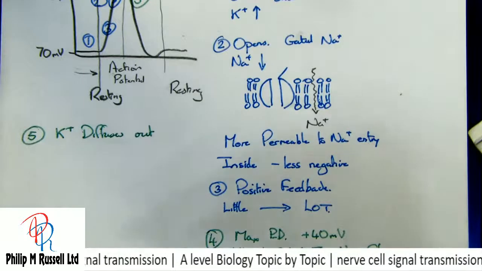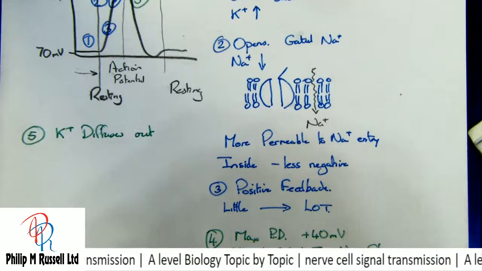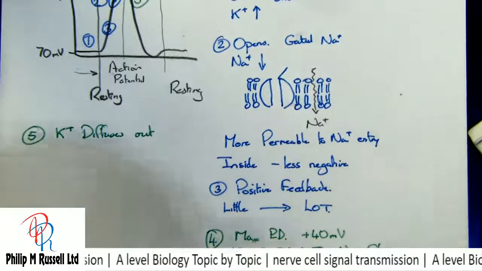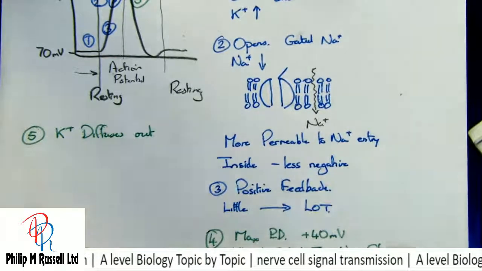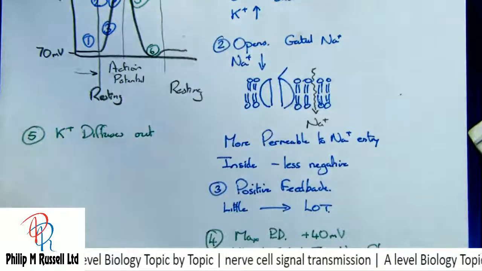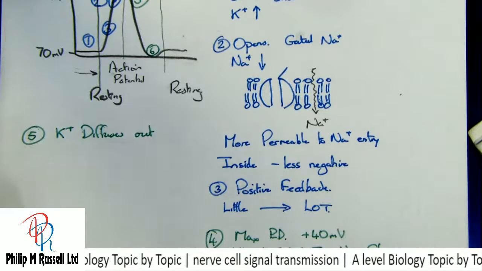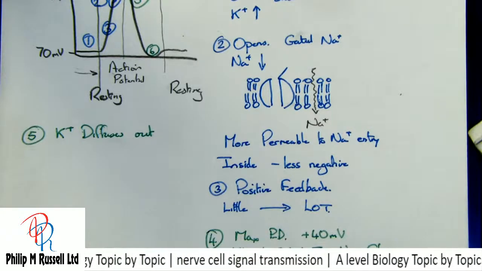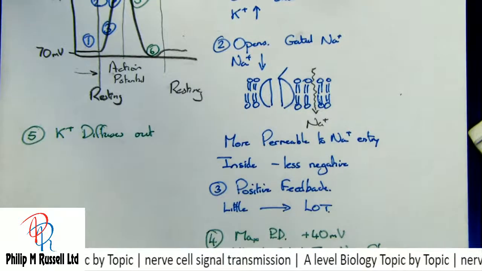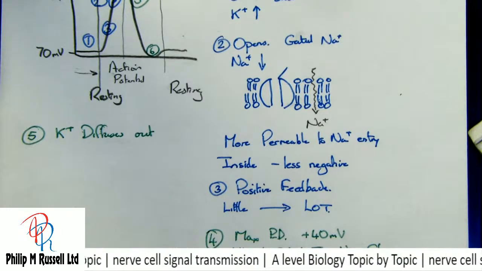Now this, of course, is going to reduce the charge, resulting in the inside becoming more negative than the outside. Basically, we're going to get down to here. Initially, lots of these potassium ions diffuse out, and this results in the inside of the axon becoming more negative. In fact, it's more negative than its normal resting state.